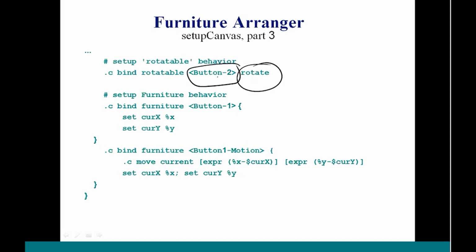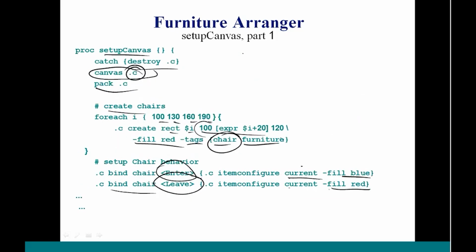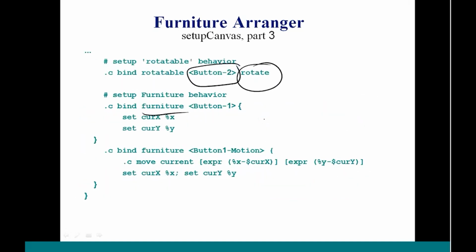And then we also need to set up the furniture behavior, because that is the highest level of the hierarchy in these tags. Basically this is all furniture, and the chair is also furniture. The way we define the furniture behavior is with button 1, capturing the current x and current y.